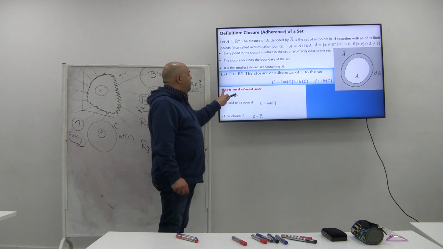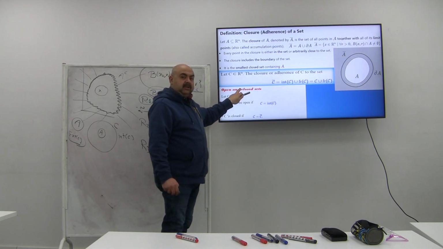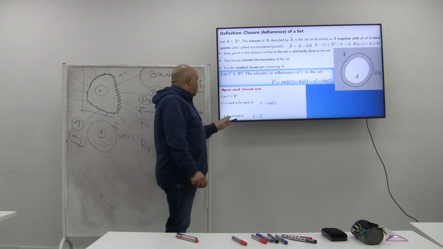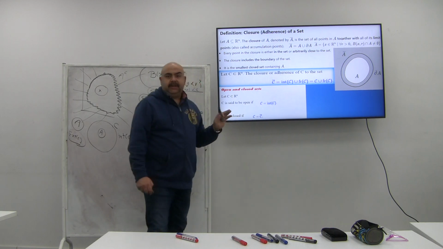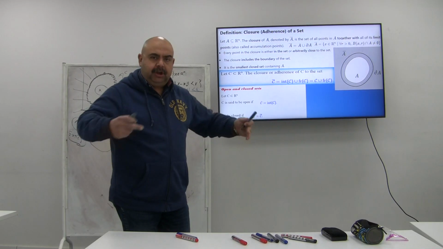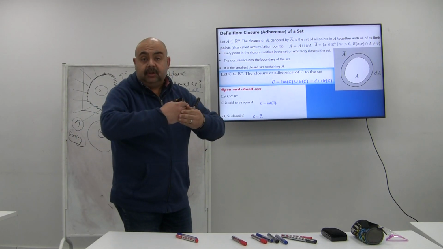Okay, what do we mean about open and closed sets? An open set, by logic, is the interior of a set without the boundary. But a closed one contains the elements inside and there is a boundary around your set.